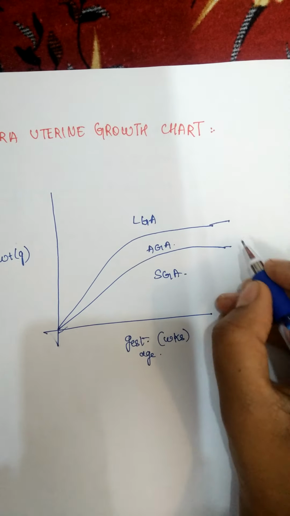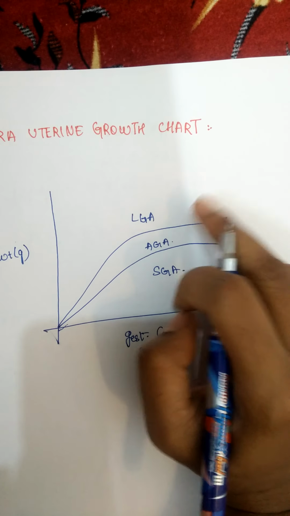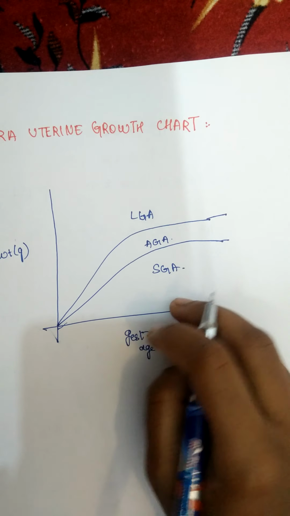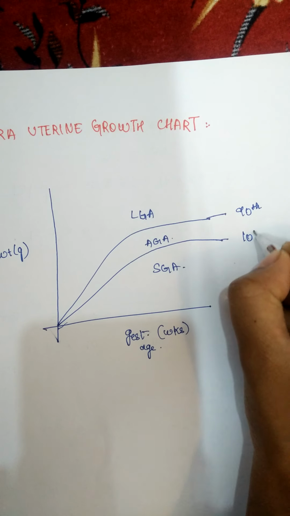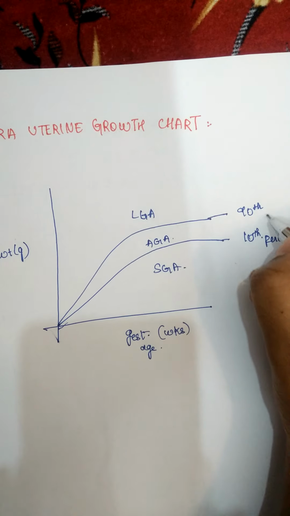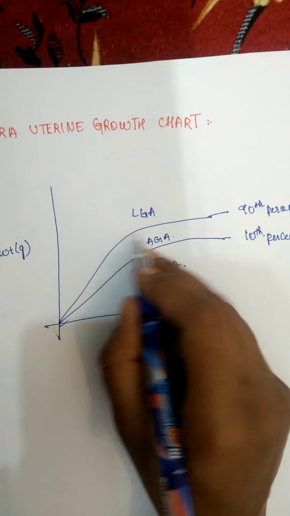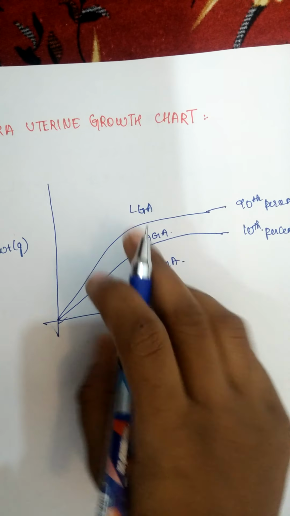And you should know what the demarcating line is which tells you it is appropriate, large, or small for gestation. It is the 90th percentile and 10th percentile. Appropriate means it is appropriate for the gestational age which has been calculated.